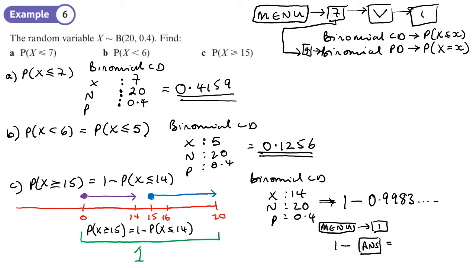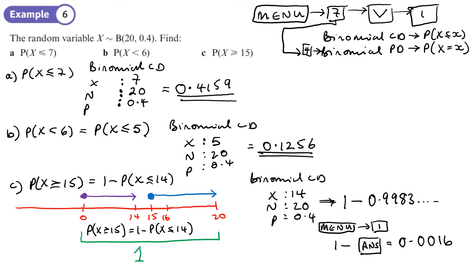Even though you're doing 1 minus answer, still write down 1 minus that decimal. You can round it to 4 decimal places or just put ... to show that it carries on. So by doing 1 minus answer, I get the exact answer, and that's going to be 0.00 and then 16.